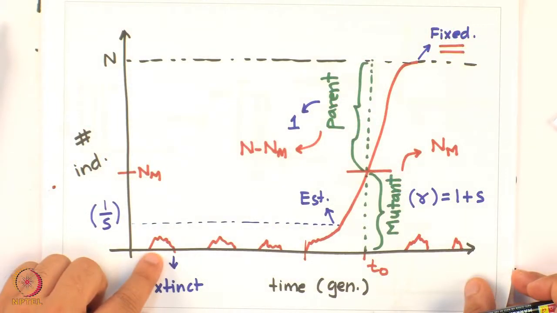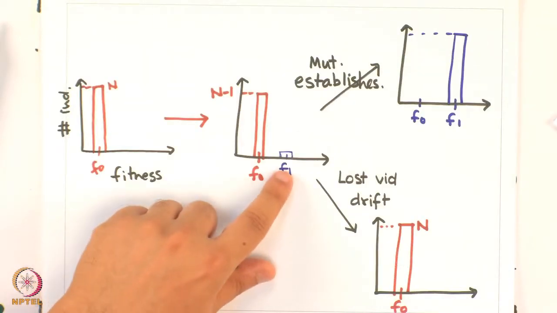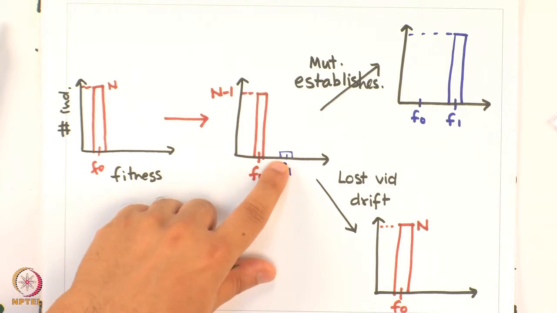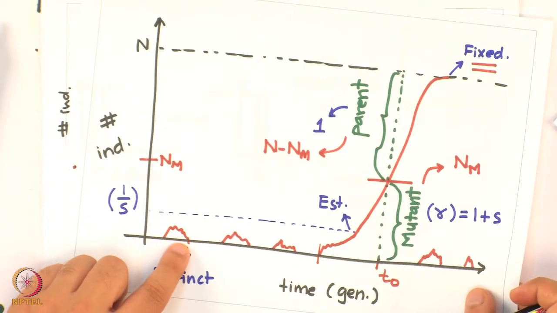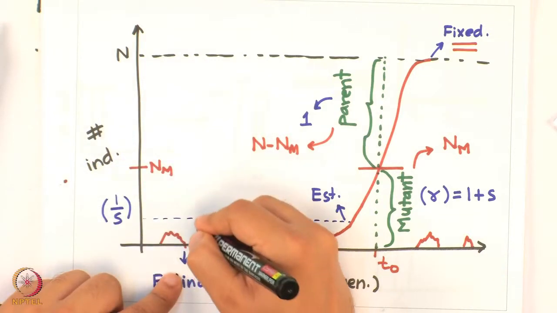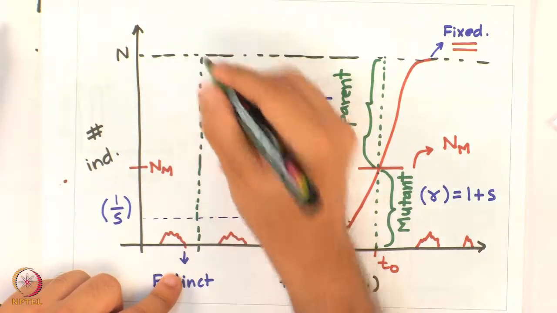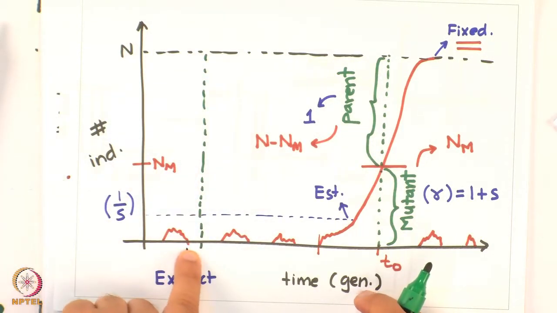So let's take a look at these two representations that we have, the first and the third. This point here represents the fact that a beneficial mutation happened, which in the third representation is represented at this point where this beneficial mutation has arisen and is at fitness F1, which is more than F0. Now, this particular mutation does not survive and it goes extinct. Hence, if I were to look at this time point, all individuals in my population are of parent genotype because the number of mutant individuals has gone to 0.